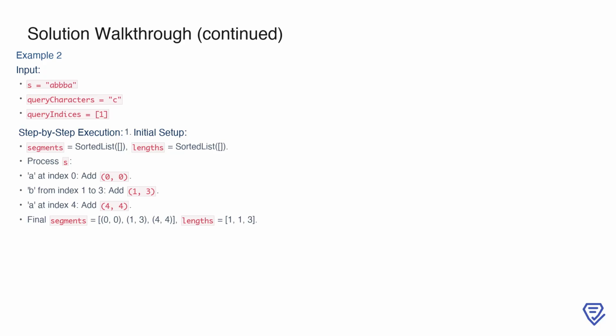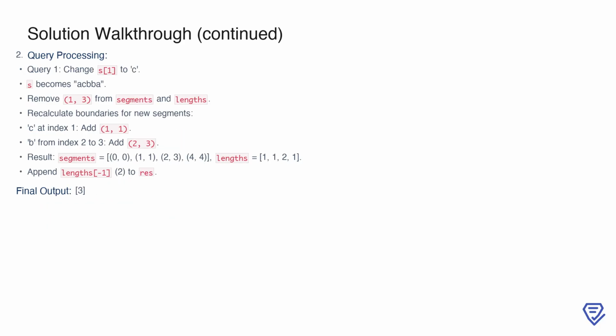We now process the query that changes the character at index 1 to C. This transforms the string s into ACBB. First, the segment 1, 3 representing the contiguous Bs is removed from both segments and lengths. We then recalculate the boundaries for the new segments.